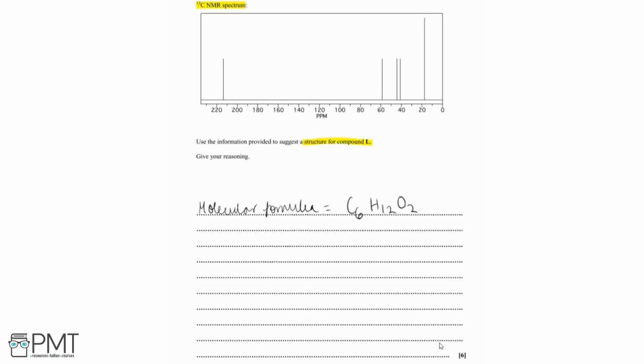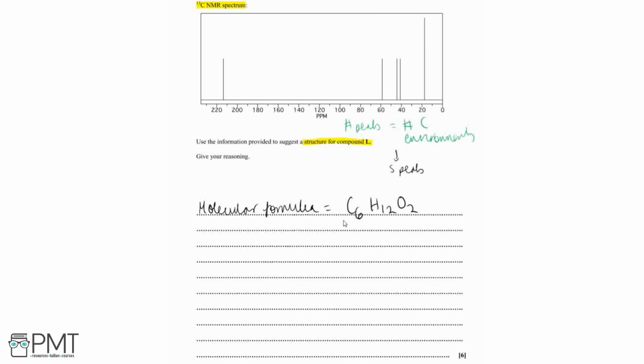So now let's have a look at our carbon NMR spectrum so that we can get a bit more information about our structure. So with our carbon NMR spectrum, the number of peaks is equal to the number of carbon environments there. So what we can see on our spectrum is that we've got 5 different peaks overall. So we've got 5 peaks on our spectrum, therefore we've got 5 different carbon environments.